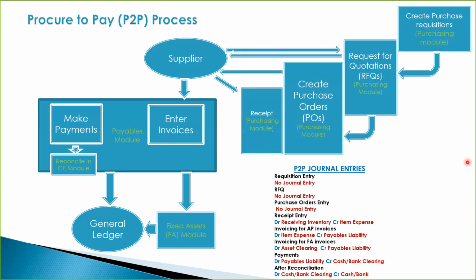Now, basically what happens is this. When there is a need for an item, or the need arises in a department within the business to buy or purchase something, someone within that department would have to raise a requisition.